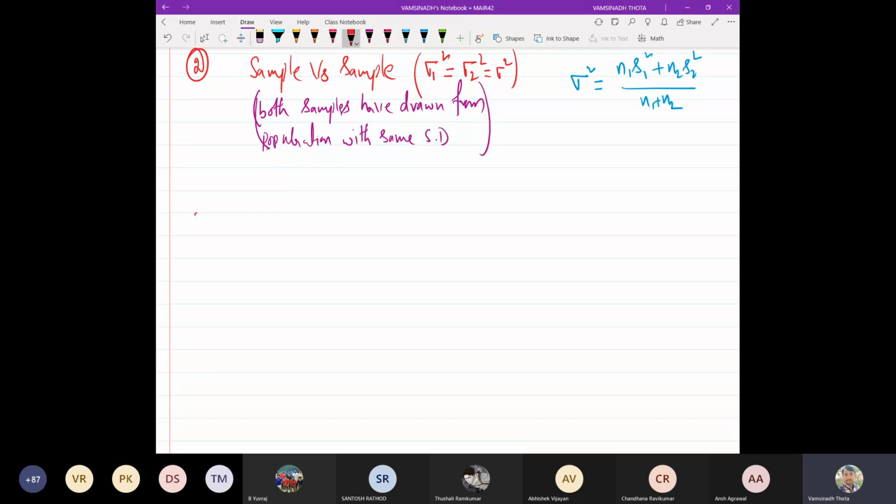Now there is a third situation, also sample versus sample, but the information given is that they have been drawn from different populations with different standard deviations.